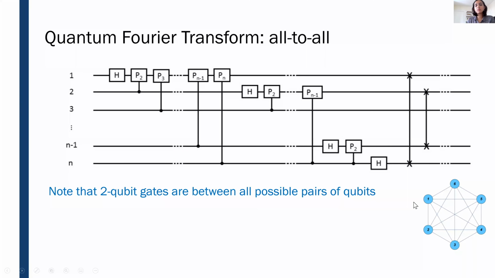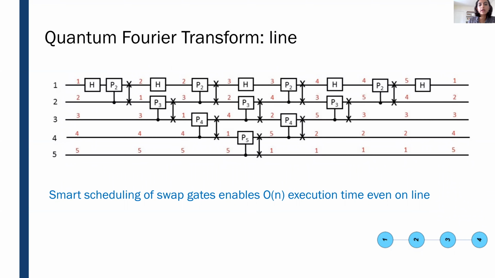But say your quantum device has just a 1D connectivity graph, how can you efficiently achieve a QFT on that? We found, and this was when I was at Intel, that you could use swap gates in a smart way, so that you could have very low overhead in the implementation of the QFT on a linear connectivity graph.